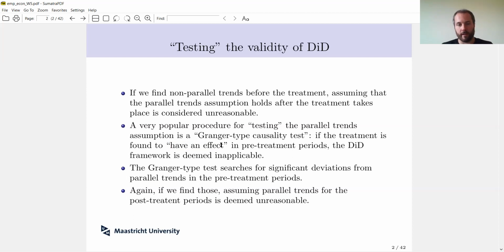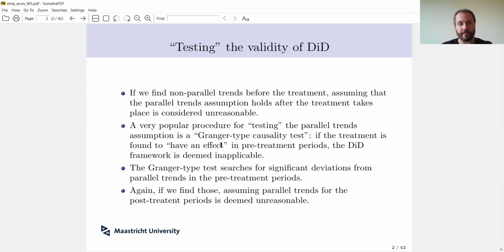Actually, what we're doing is precisely that. If the lines move in parallel before the treatment takes place, that means the treatment group does not behave differently from the control group before the treatment. But if the lines move in parallel for a while, and then we find one instance where they go completely apart, that is an instance where we see that the treatment has an effect.